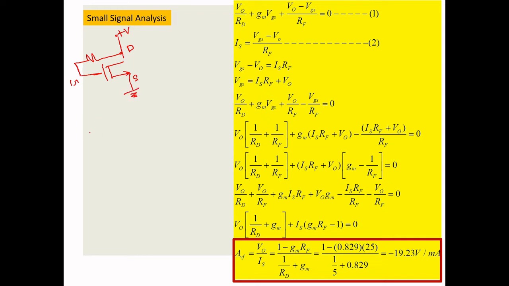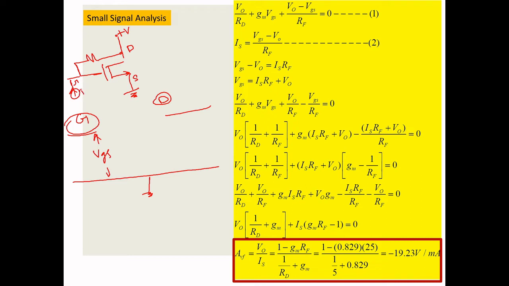So when I draw the equivalent circuit, you can see the common terminal is the source. What is the input terminal? It's the gate. And the output terminal is the drain. Right? So here you will be having your VGS, and here it was a current.